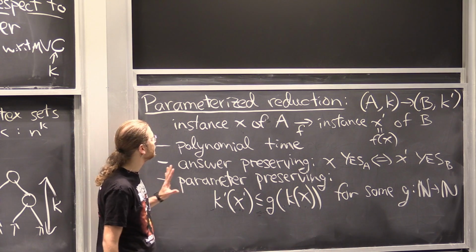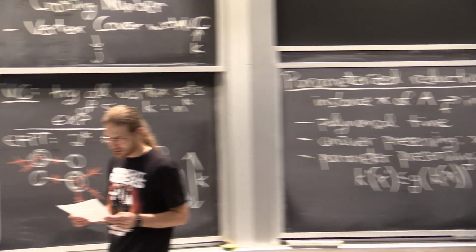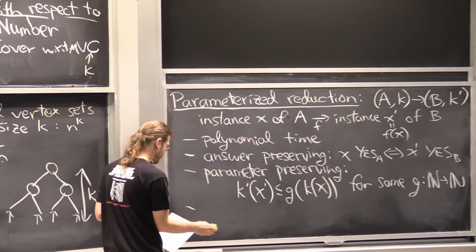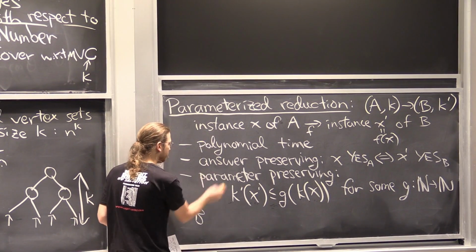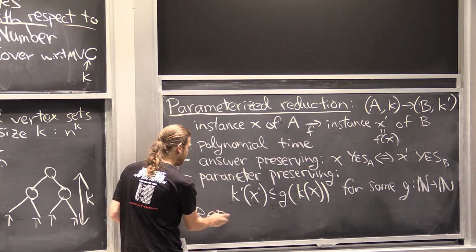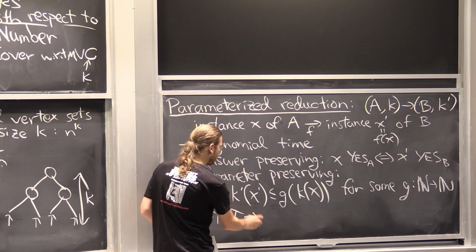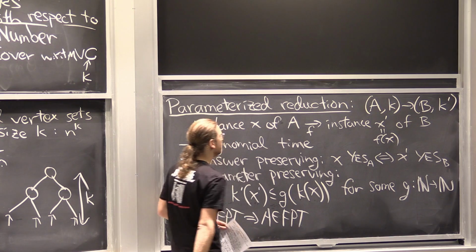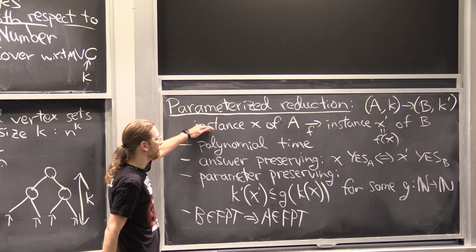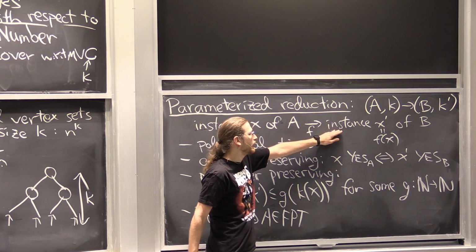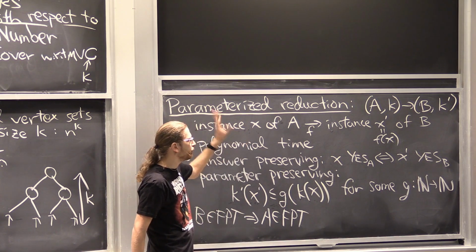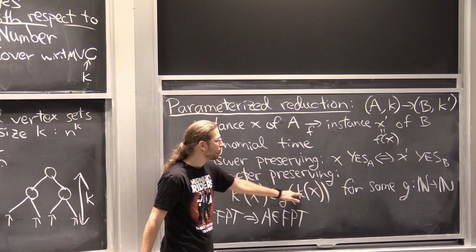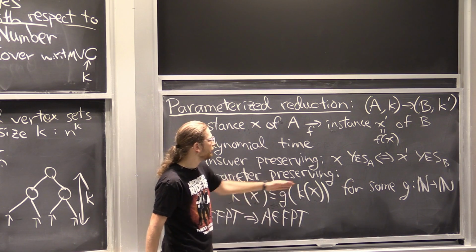Okay. Cool. So that is our notion of parameterized reduction, and the consequence is, if this exists and B is fixed parameter tractable, then A is too, because we can take an instance of A and convert it into B. If the original parameter was bounded by some k, the new parameter will be bounded by g of k.